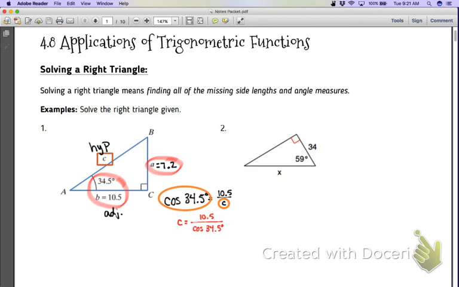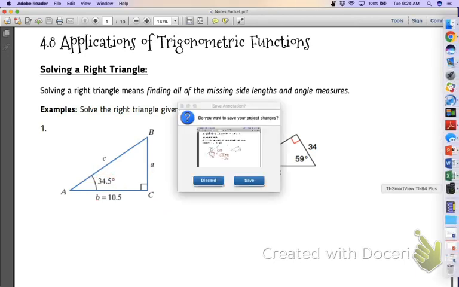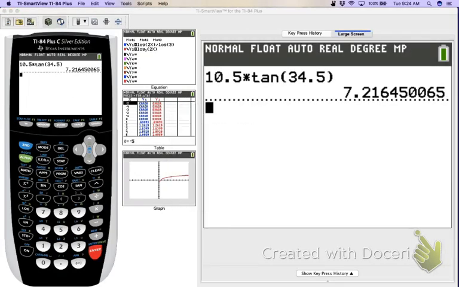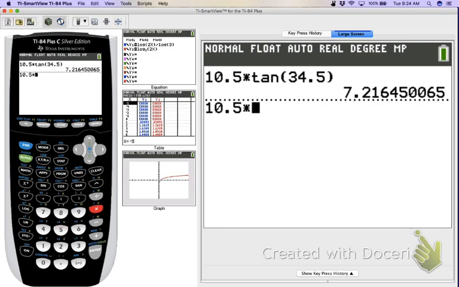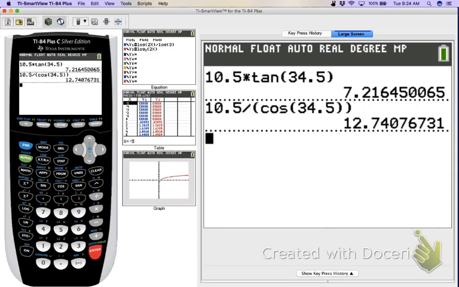I go to my calculator. I'm still in degree mode. That hasn't changed. And I type in 10.5 divided by, I would normally put this in parentheses just to make sure, depending on the calculator, cosine of 34.5. Close both of them. Hit enter.